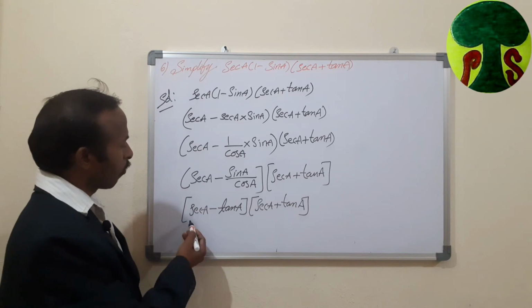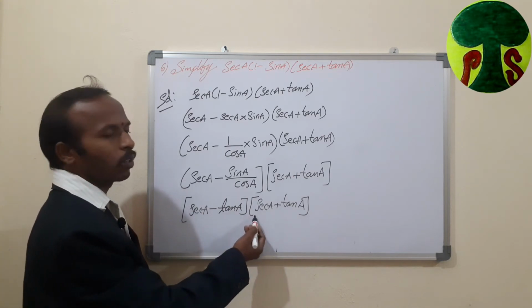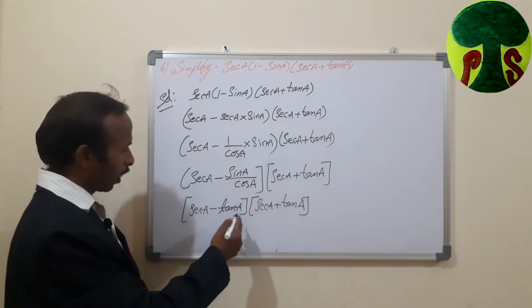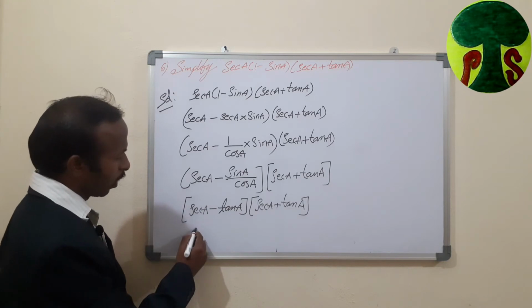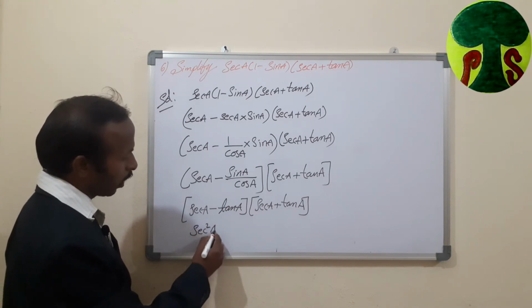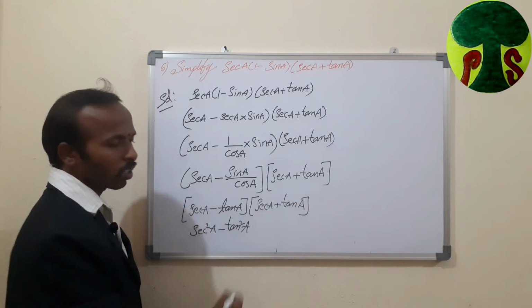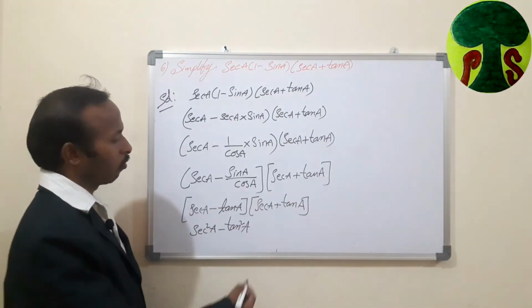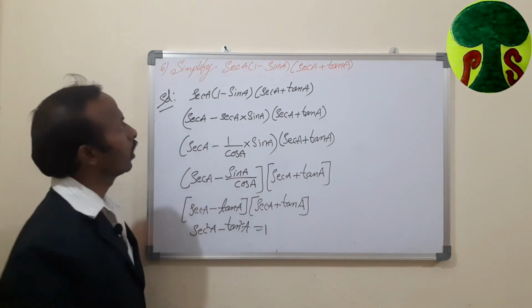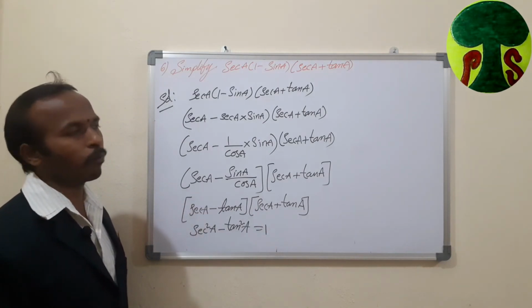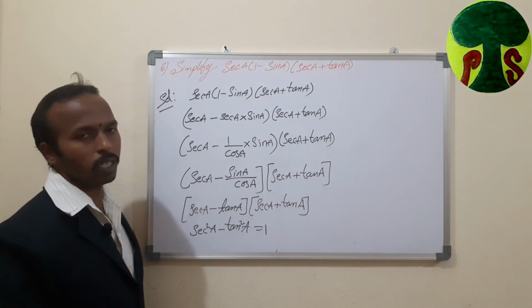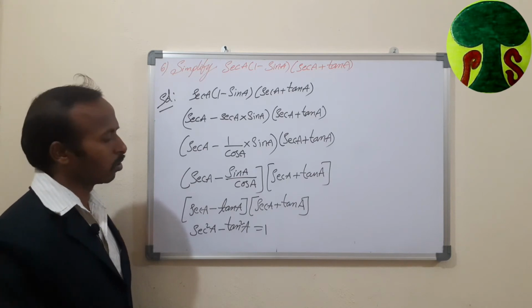It is in the form of (A minus B) into (A plus B). So the resultant is A square. A square means secant square A minus tan square A, which is nothing but the identity, equal to 1. Finally, secant A into (1 minus sin A) into (secant A plus tan A) equals 1.